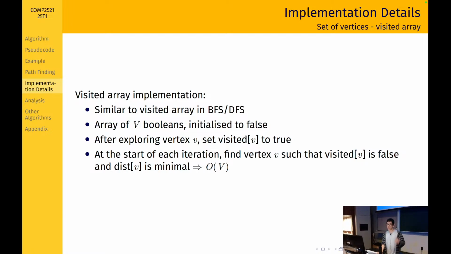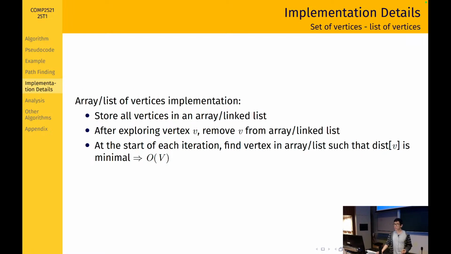Another way to implement the set of vertices is using an array or linked list of vertices, and the idea is pretty self-explanatory. You store all your vertices in an array or a linked list. Every time you explore a vertex, you just remove that vertex from the array or linked list.